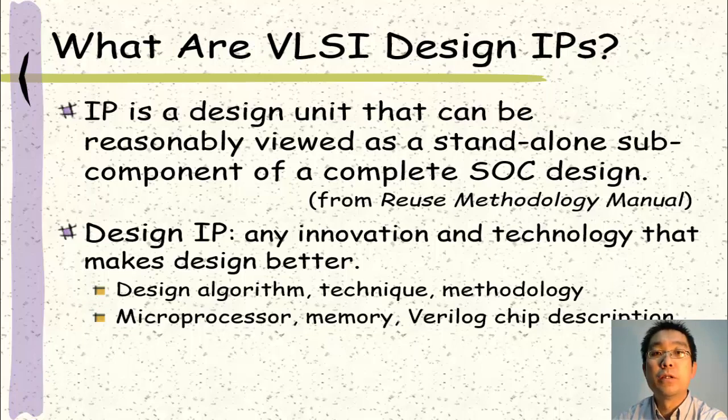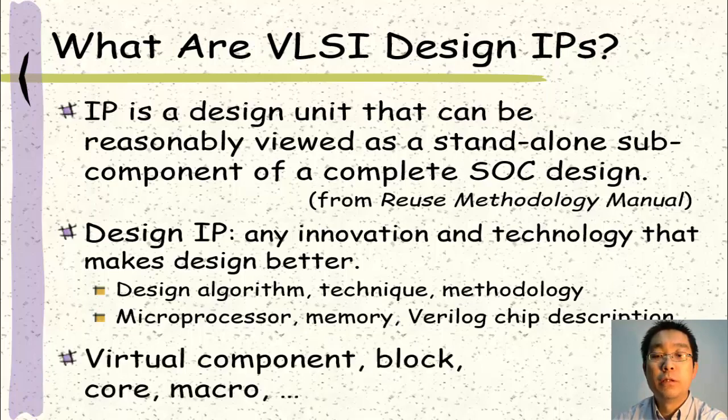These are all considered as design IPs. More tangible examples include microprocessor cores, on-chip memories, PCI interface macros, fully routed netlist, Verilog chip descriptions, and so on. These are also known as virtual components, blocks, cores, or sometimes called macros.